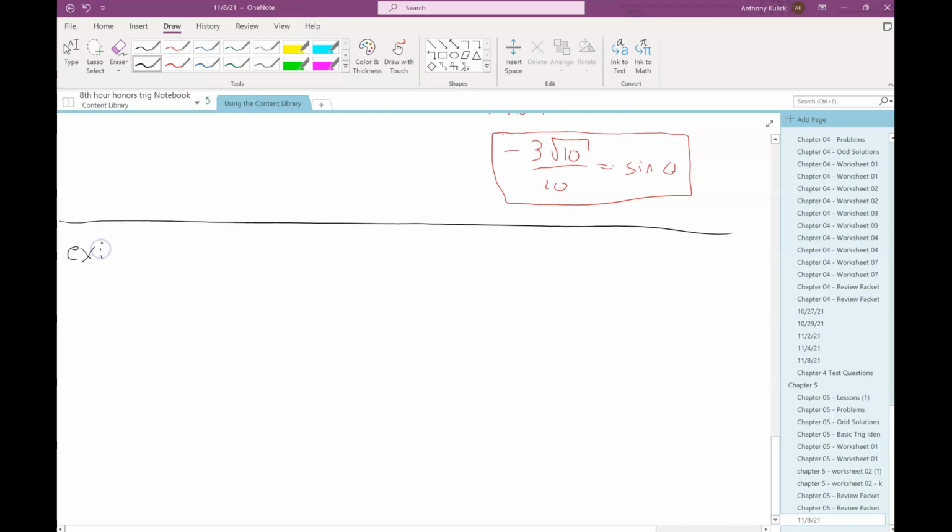Let's do a different kind of example. Let's say we're asked to simplify this expression, sine cubed x plus sine x times cosine squared x.